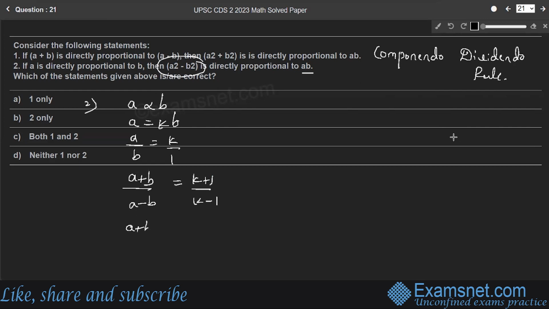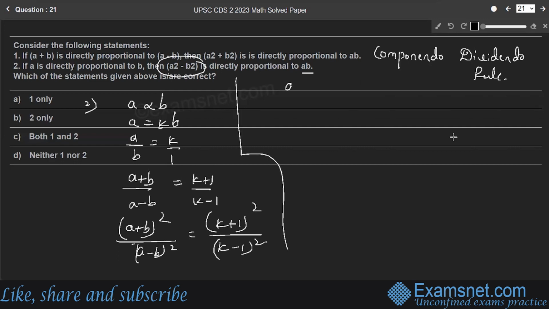So we get A plus B whole square by A minus B whole square is equal to K plus 1 the whole square by K minus 1 the whole square. Simplify it: A square plus B square plus 2AB by A square plus B square minus 2AB is equal to K square plus 2K plus 1 by K square minus 2K plus 1.